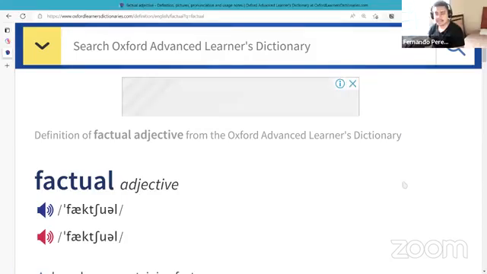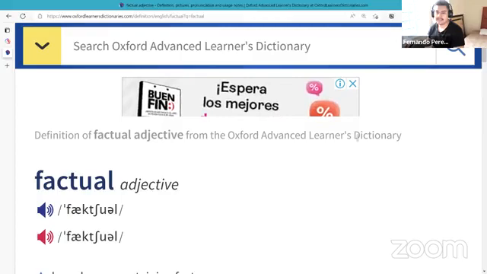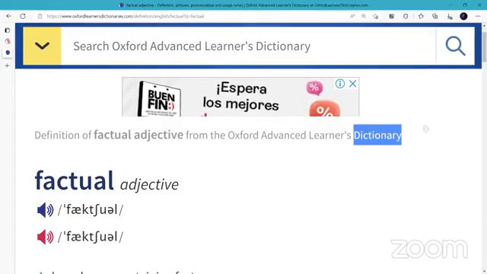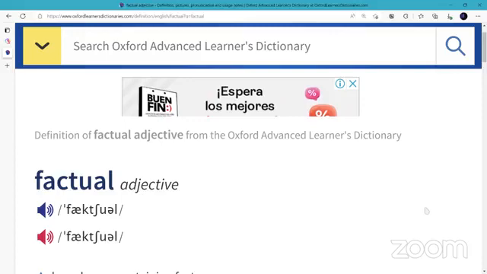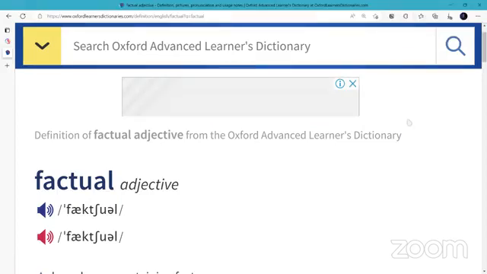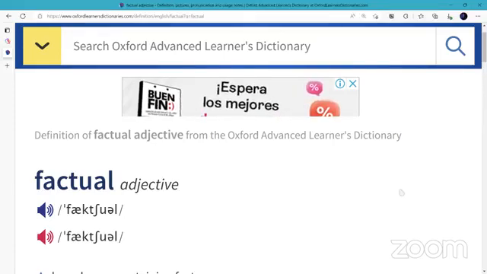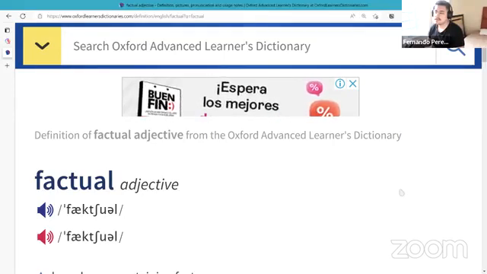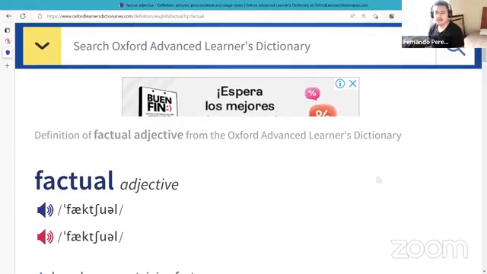Wait, fastly doesn't exist. That was an exception, remember? It's fast adjective and fast adverb. Okay, so I mean fast away. Something that is fast. No, it's not.